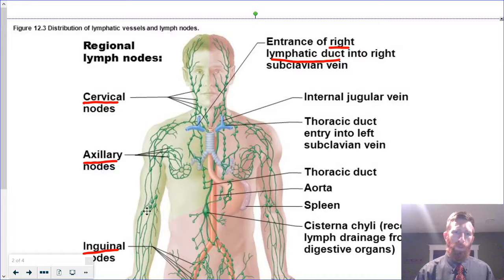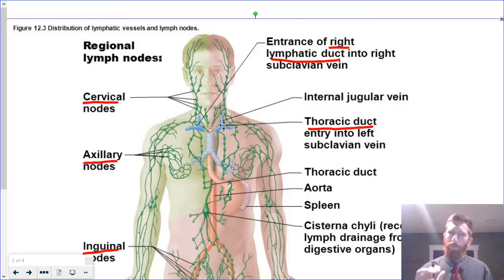The right lymphatic duct drains the right arm, the right side of the face, and the right side of the thorax, or thoracic cavity, and then drains into the right subclavian vein, which we talked about in the circulatory system. Then here we have what's known as the thoracic duct, which drains all the rest of the lymphatic system, and empties into the left subclavian vein.